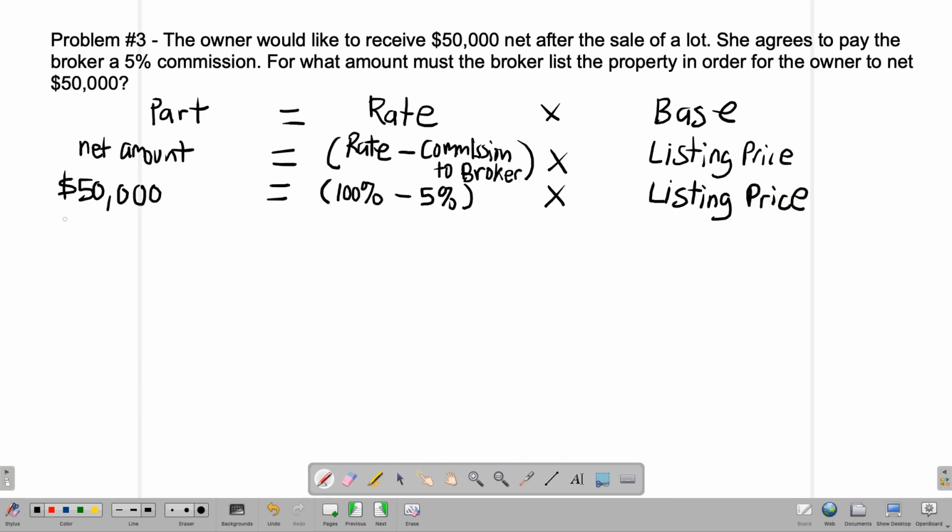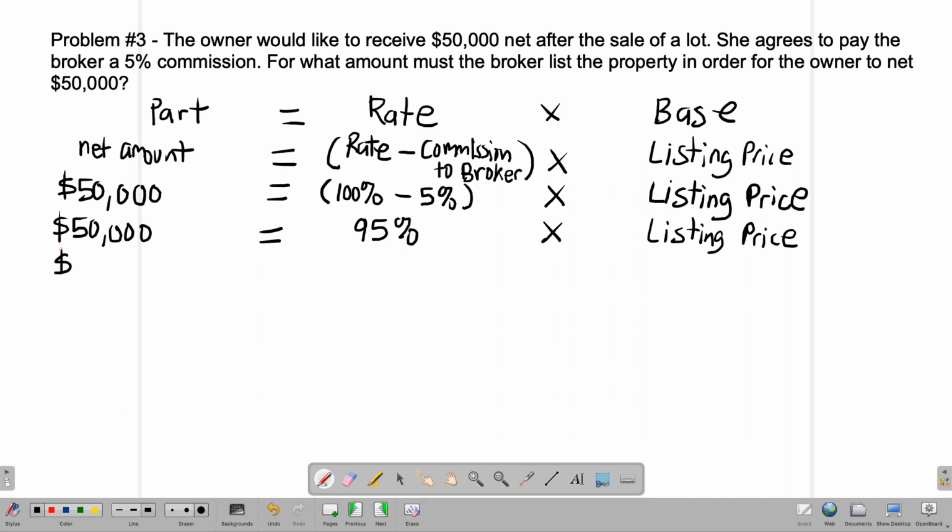So let's transform this equation. We have 50,000 to the left of the equal sign. And here we have 100 minus 5%, which represents 95% times the listing price. Let's break it down even further.